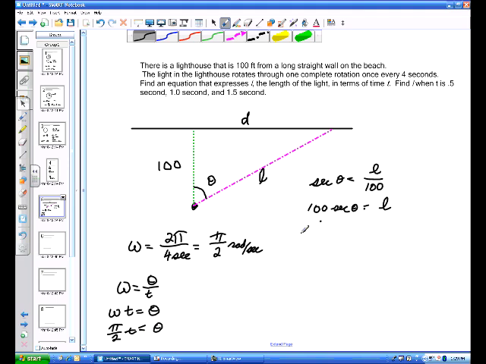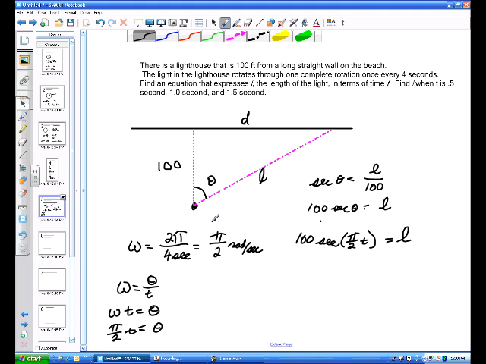And time's going to change, so we can't put that in just yet. So now we can write this as 100 times the secant of pi over 2 times t equals L. And we've come up with a formula for finding the length of this line at any point in time.